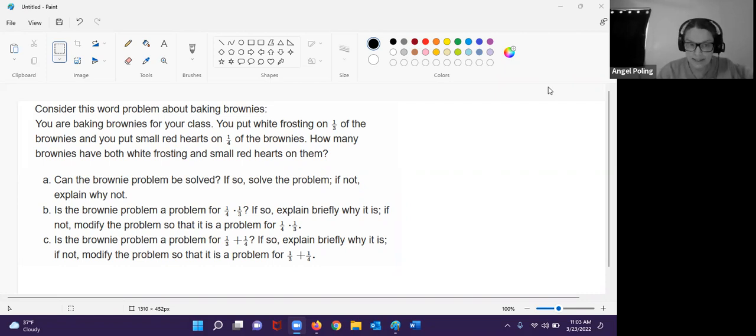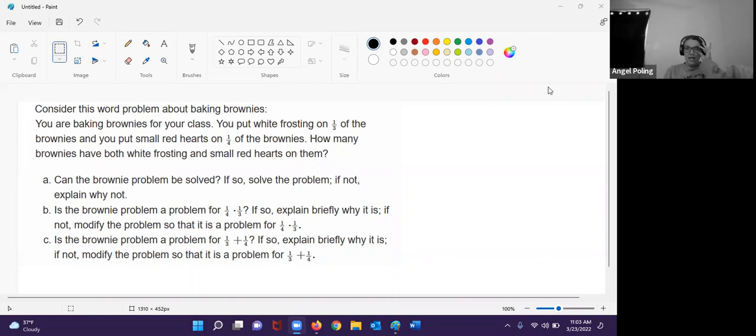How many brownies have both white frosting and small red hearts on them? Can the brownie problem be solved? If so, solve the problem. If not, explain why. And then, is this 1/4 times 1/3? Is this 1/3 plus 1/4?